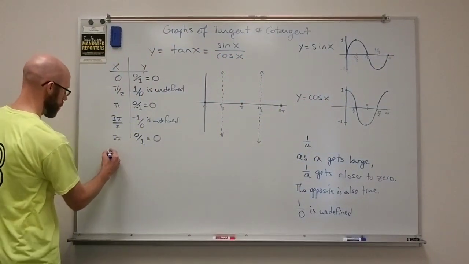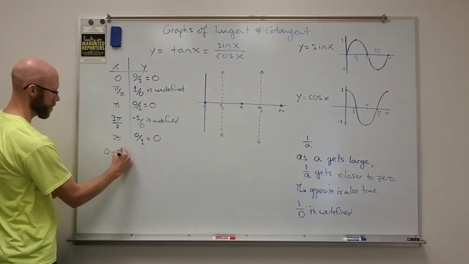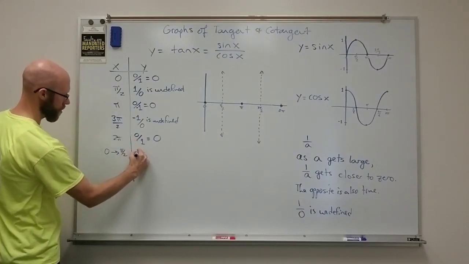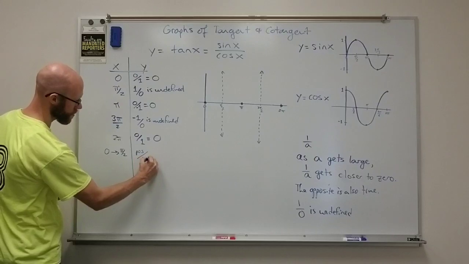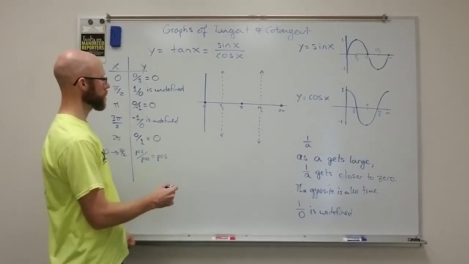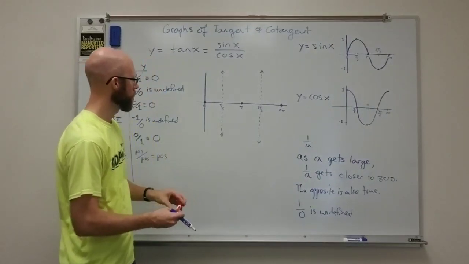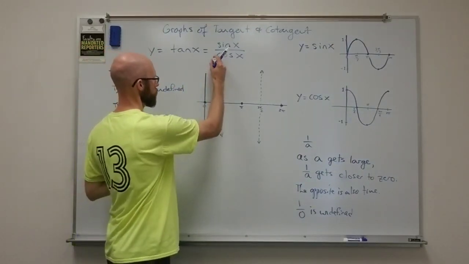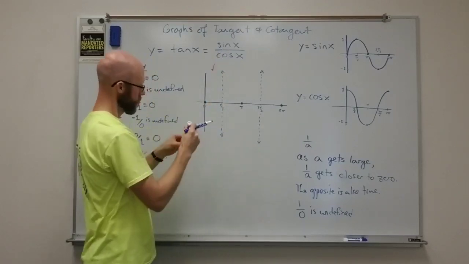All right, so from 0 to pi over 2, we know that we have positive divided by positive, which will be positive values. So that means the graph itself is going to be up in this upper region. I'm just going to put a little check mark here.